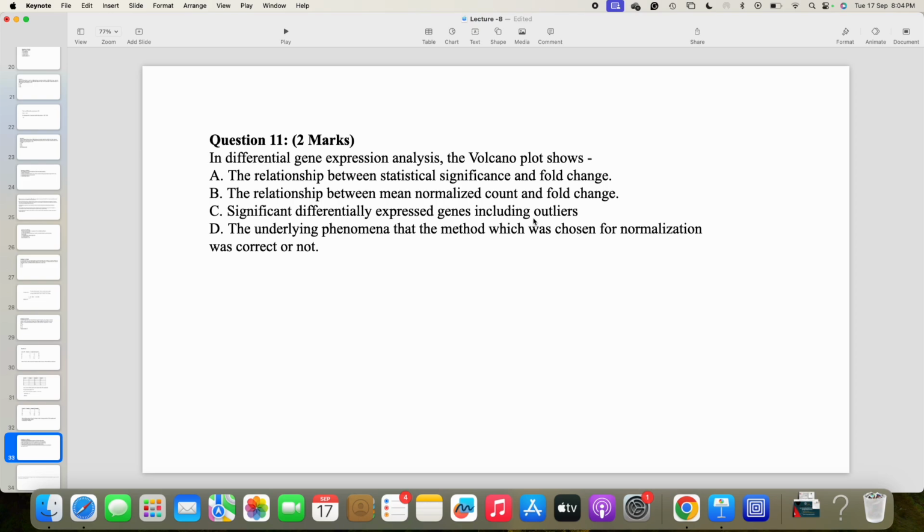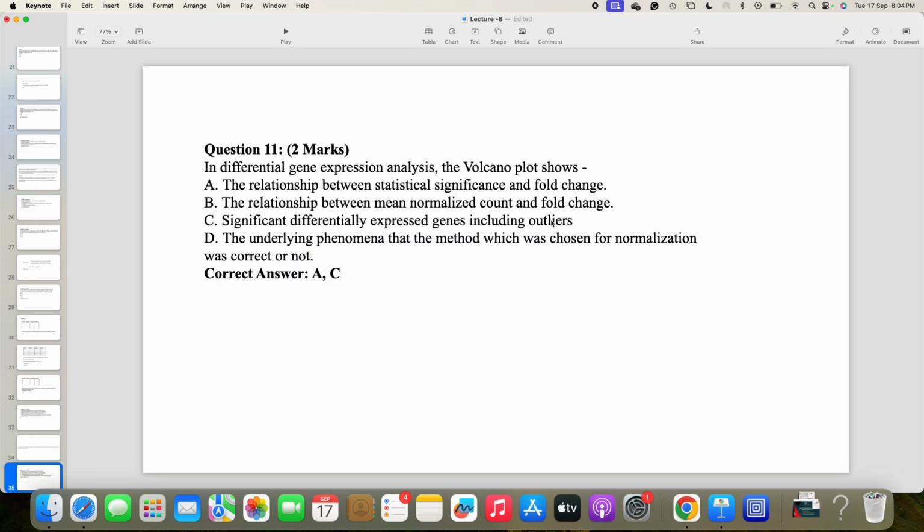So it gives us the information about the genes that are differentially expressed and are significant, I mean the p value, they are statistically significant, and with this we can also comment on the outlier for the same. So the correct option would be A and C, the relationship between statistical significance and fold change, and significant differentially expressed gene including outliers.